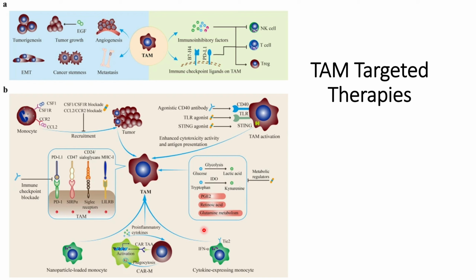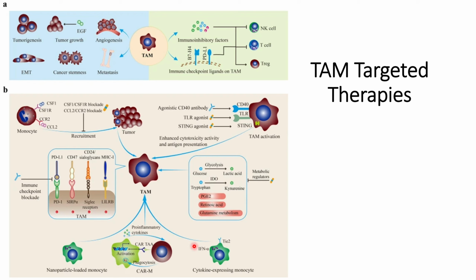Instead of modifying T cells into CAR T cells, one can modify these monocytes into CAR-M cells, or CAR monocytes, so that these monocytes can then be used to detect the antigens that are found on the tumor cells and can trigger the immune response, as can be seen at the bottom of this figure, highlighted by the laser right now.